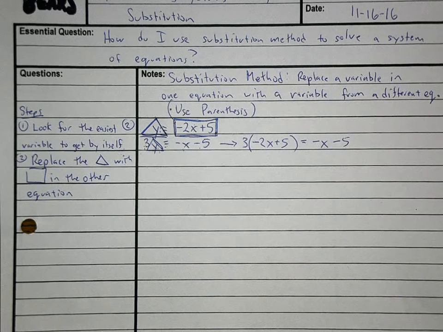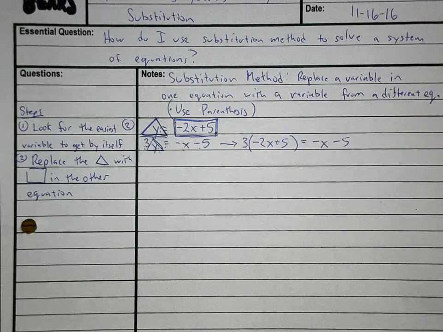Okay. So technically you put a triangle around y or whatever variable looks by itself, and then there is a number next to the variable, then you move it to the other side to make a new equation, and then you add in the leftover equation from the y, and then you put that in parentheses, and then you take the second equation.